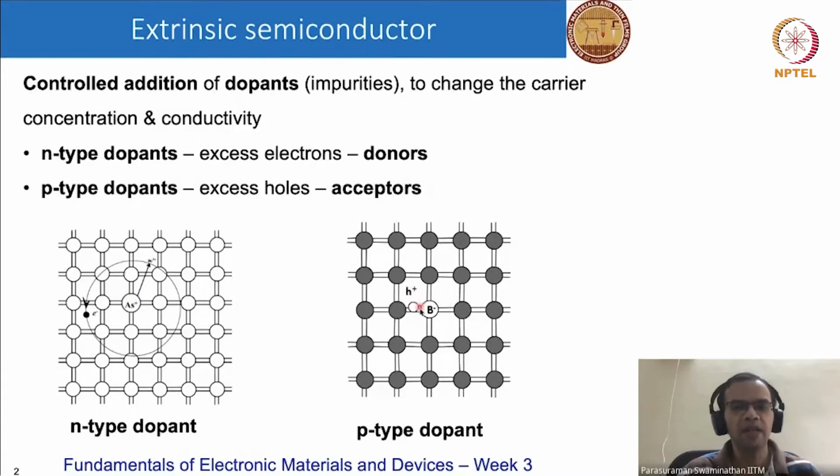On the other hand, if we add boron, we have only 3 electrons from boron, which means there is an electron vacancy or a hole, in which case boron is a p-type dopant. Similarly, for other semiconductors, we can define n-type or p-type dopants.